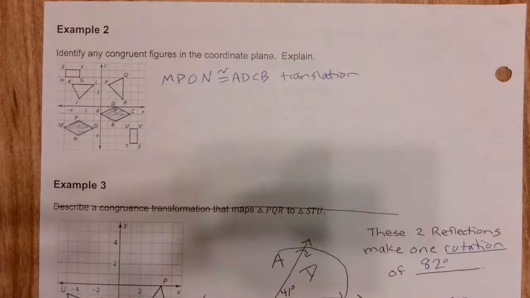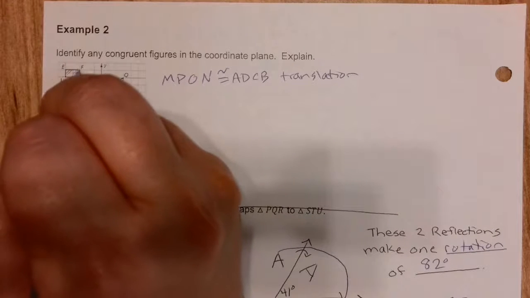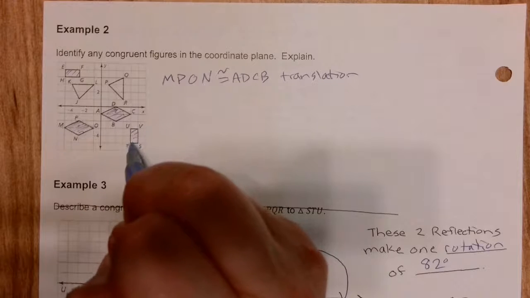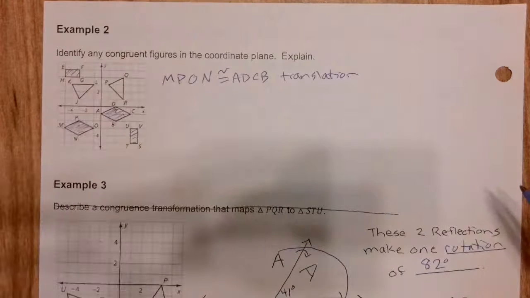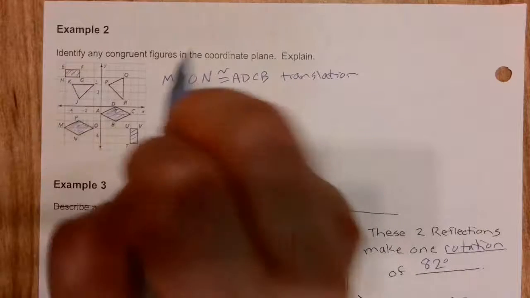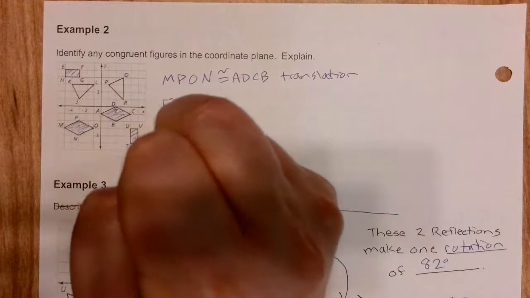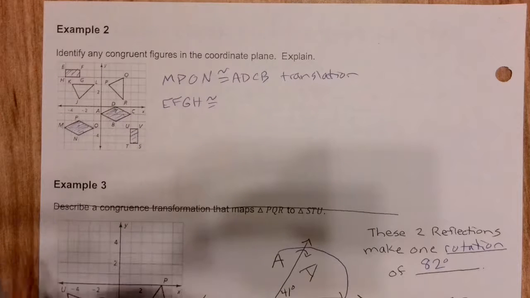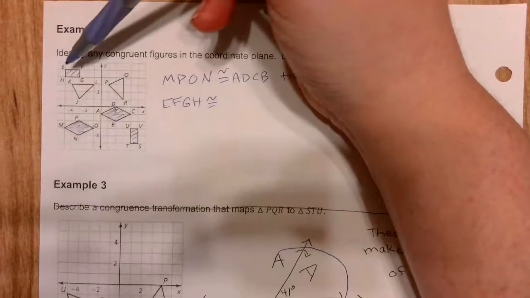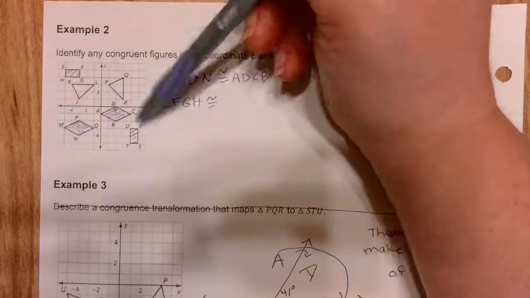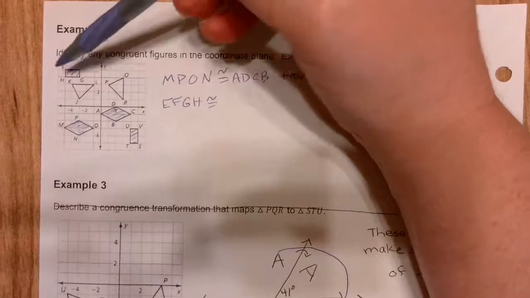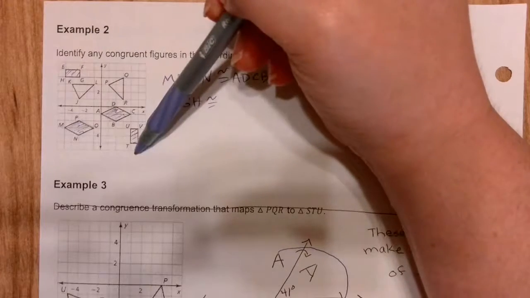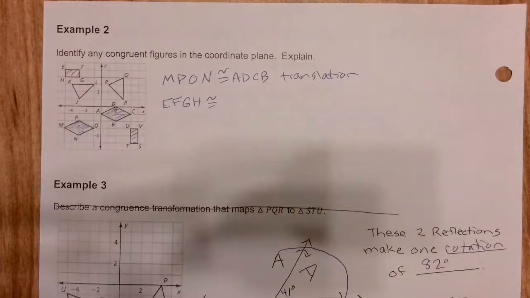All right, what's another one? Ooh, I see a rectangle here and a rectangle here, and they look to be the same size. They're both 2 by 1. So let's see here. EFGH is congruent, and you kind of have some choices here because we could turn the triangle kind of upright. We could kind of swing the triangle down, or we could talk about flipping the triangle over.